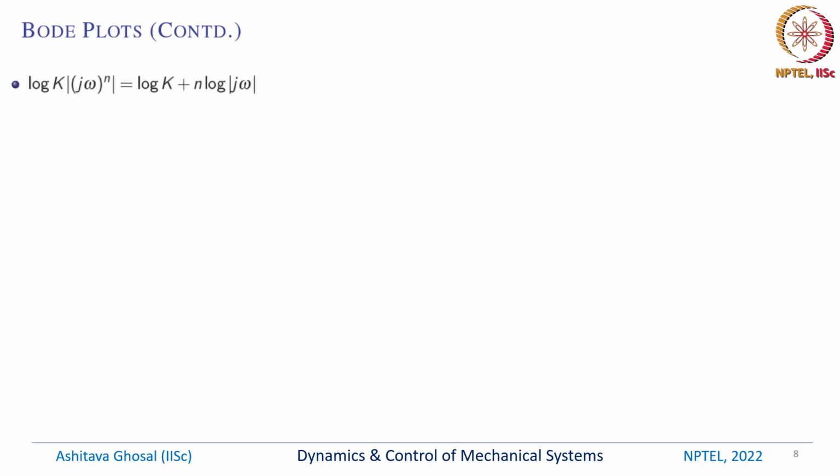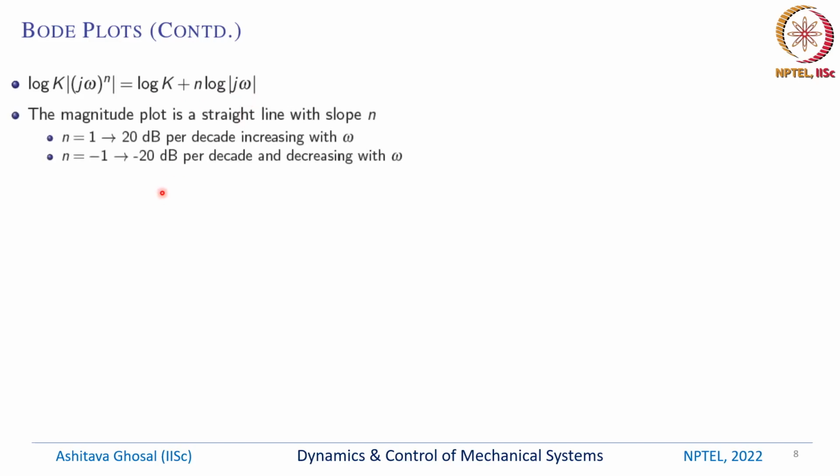So let us see what the Bode plots are for some of these terms. So I want to plot log of the magnitude of K (j omega) to the power n. Because it's log of this, it can be written as log K plus n log of the magnitude of j omega. So the magnitude plot is a straight line.